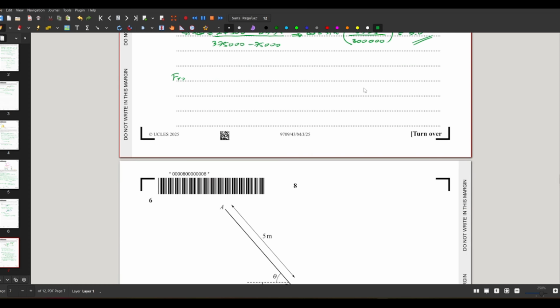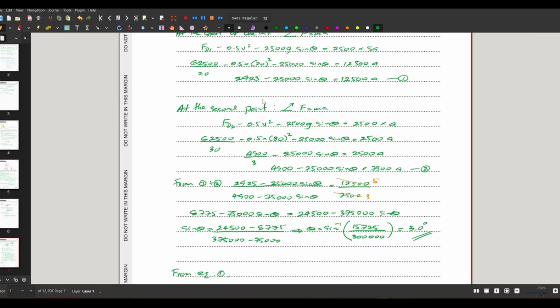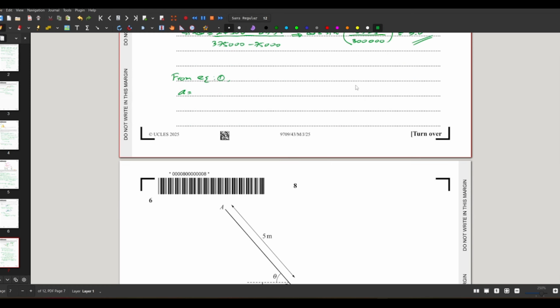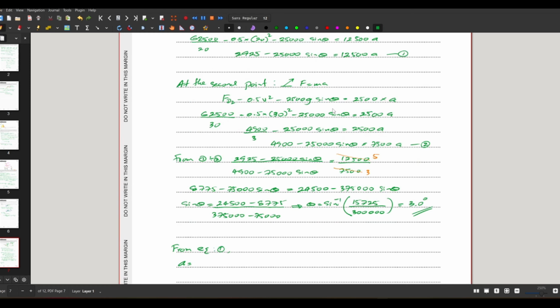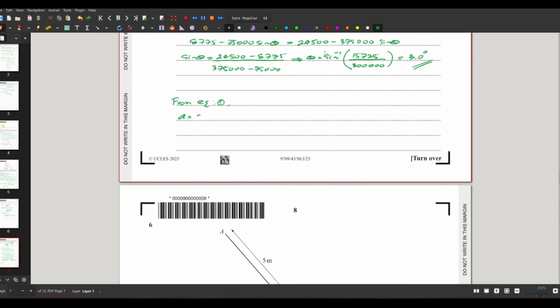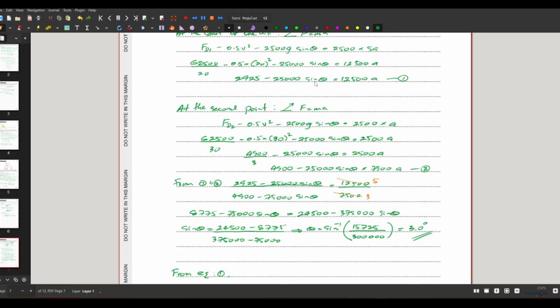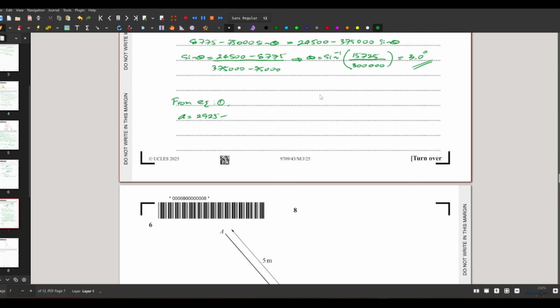So from equation 1, A equals 2,925 minus 25,000 sine theta.